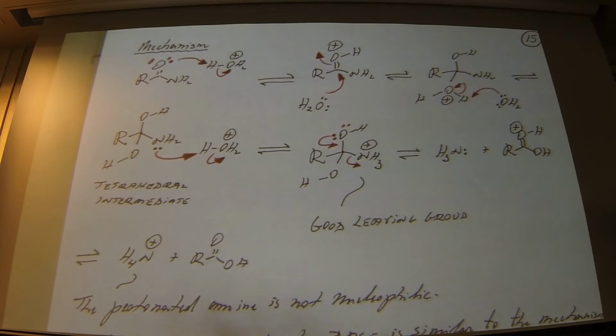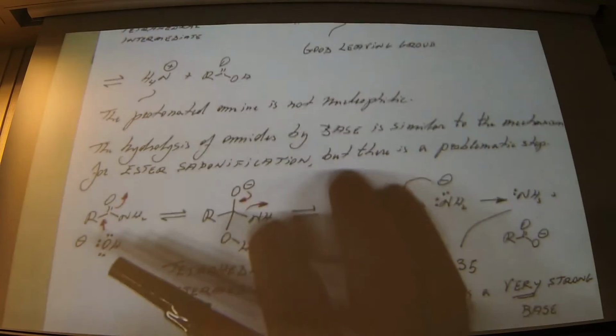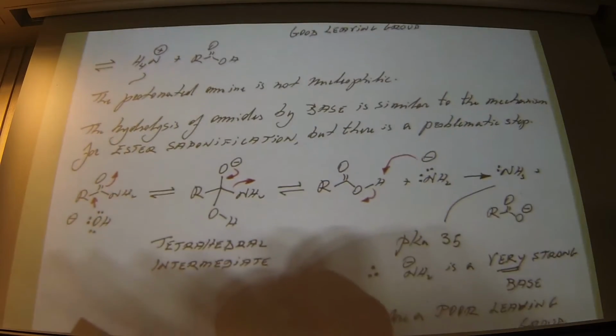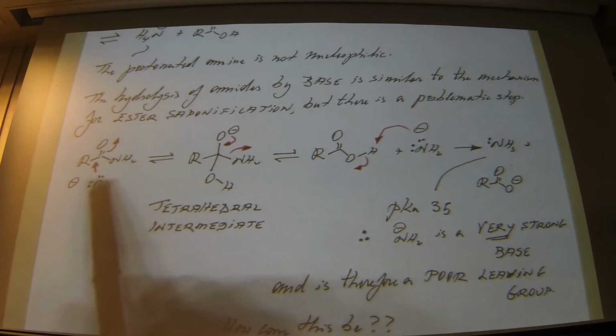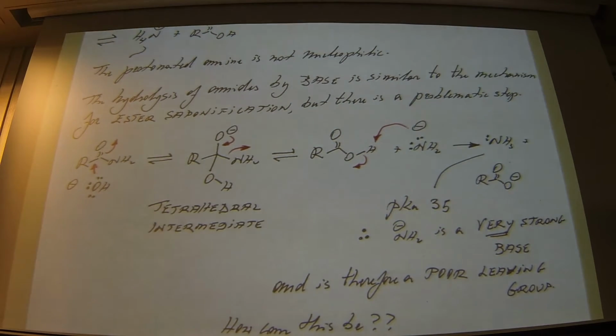Now, when you go to the base catalyzed hydrolysis of amides, there's a problem. The reaction works. So the problem is with the way we show it and the way we understand it. With base, first of all, there's no acid present. If it's aqueous hydroxide, I don't have any protons around.